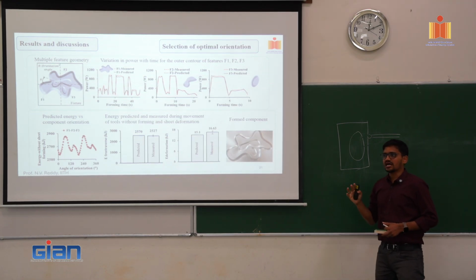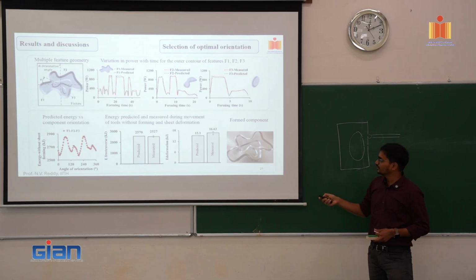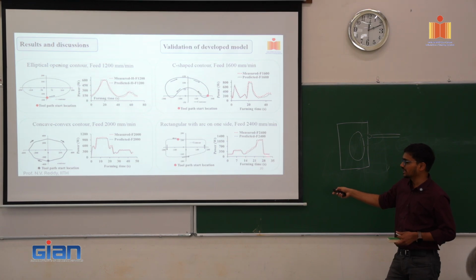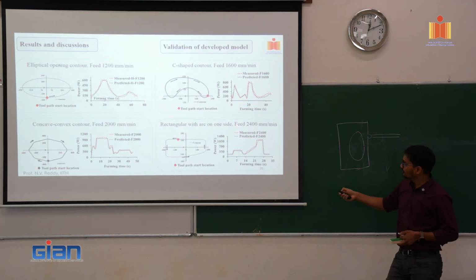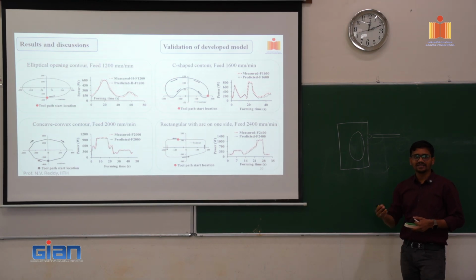Now the question is how you can optimize. Let's say for a given component, you know that this is the power profile. You can calculate the area under the curve, which will tell you the energy. So for a given component, you know that this is the energy that is required. Then how can you optimize that, how can you try to make it less?